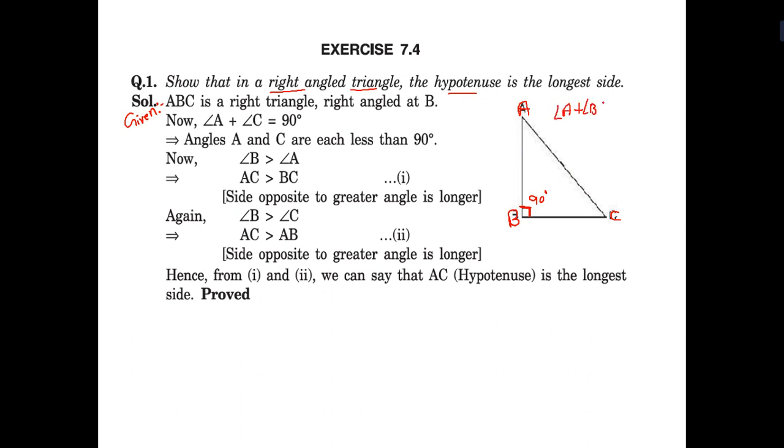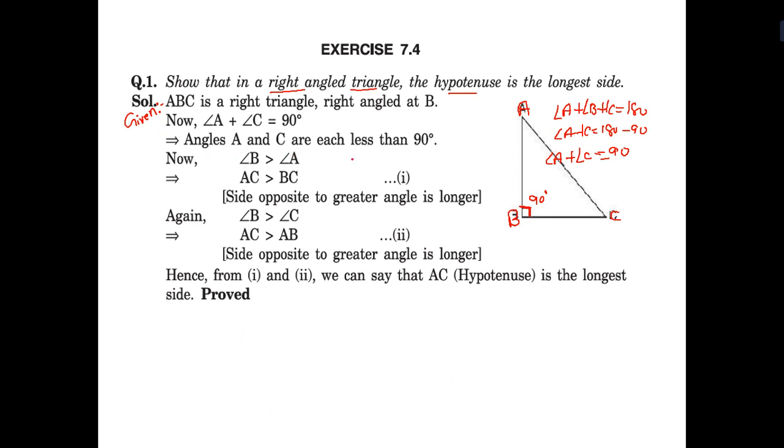A plus B plus C is equal to 180. Now B is 90, so A plus C is equal to 180 minus 90. So angle A plus angle C is equal to 90 degrees.